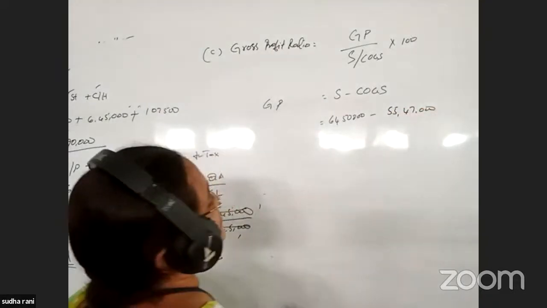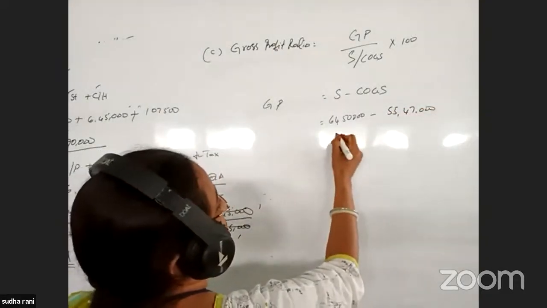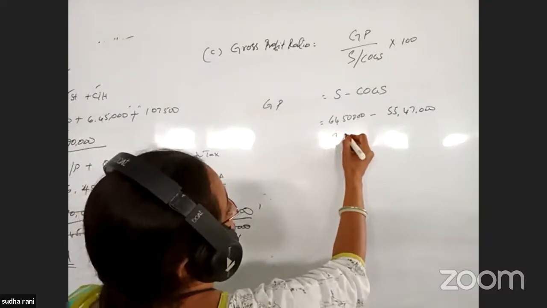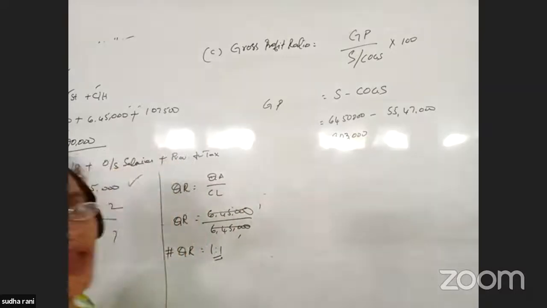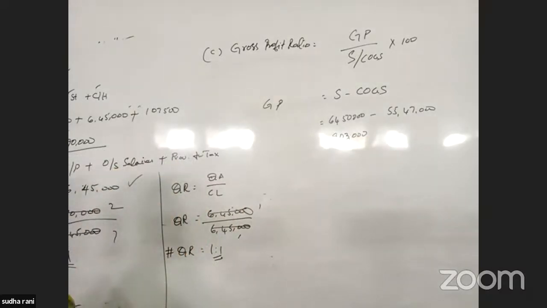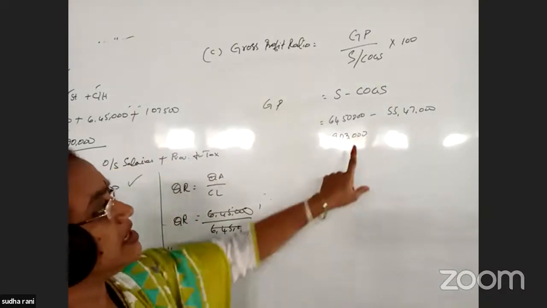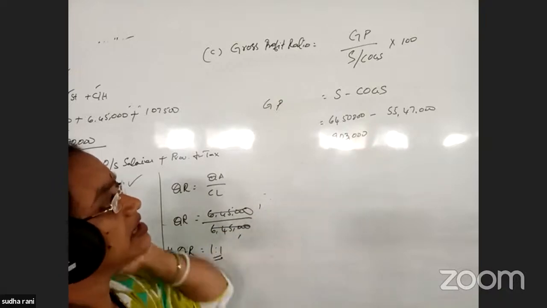So what is the gross profit? 9,03,000. Right? Is that 9,03,000? Yes, that is 9,03,000. Okay.